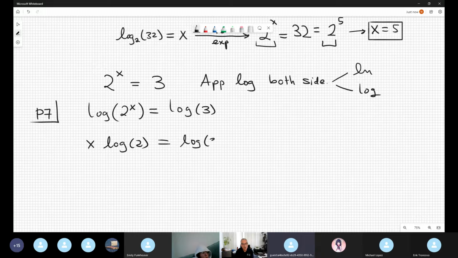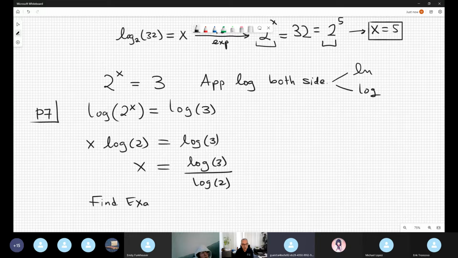Now divide both sides by log of 2, and the answer is log of 3 divided by log of 2. And finish, if the question says find the exact solution.